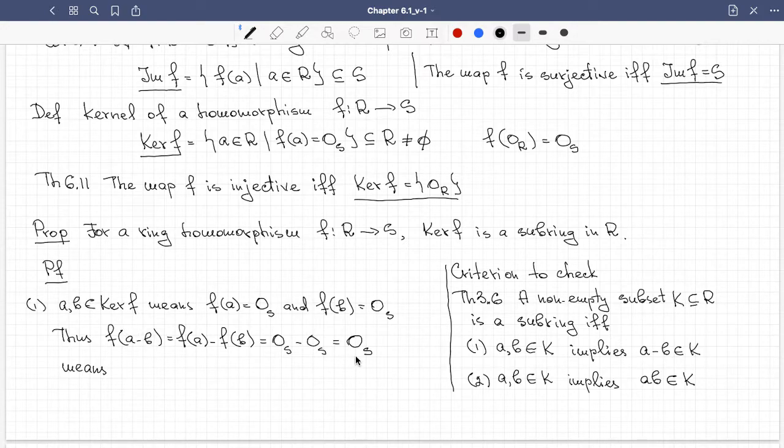A minus B maps to 0, means A minus B belongs to the kernel of F.